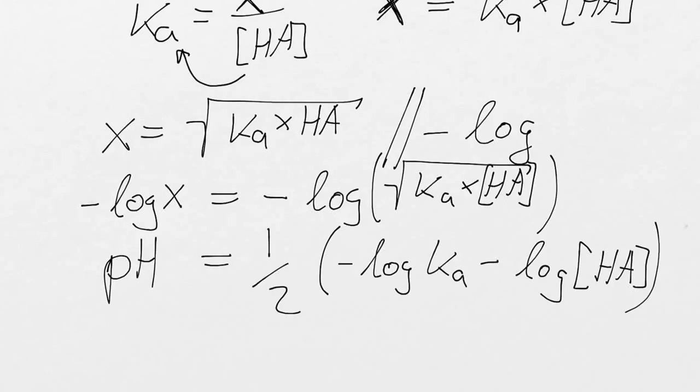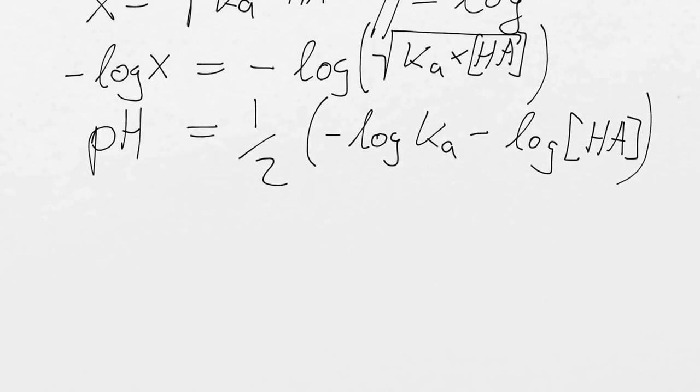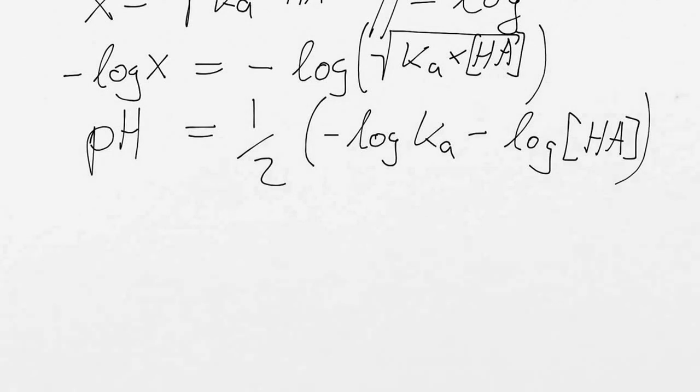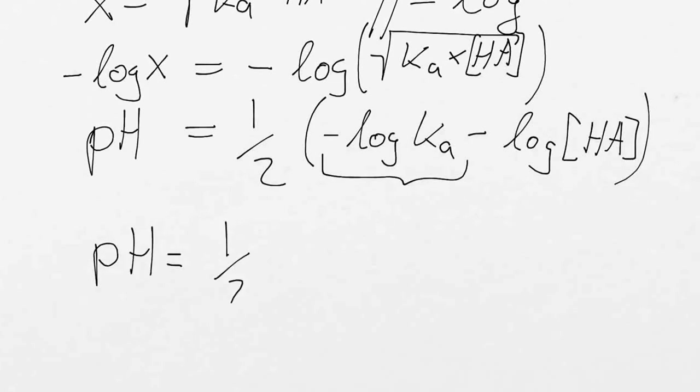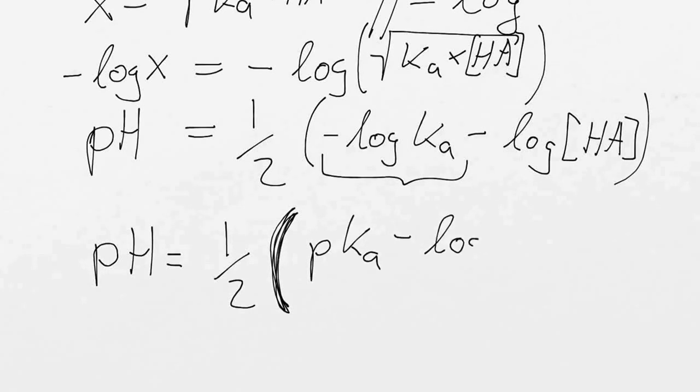Okay? Minus log Ka, what's that? Loud? pKa. So what I can write is pH equals 1/2 of, and we need to put that in brackets, pKa minus log HA.